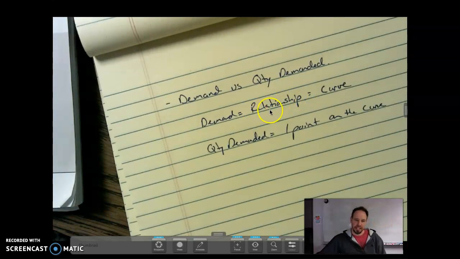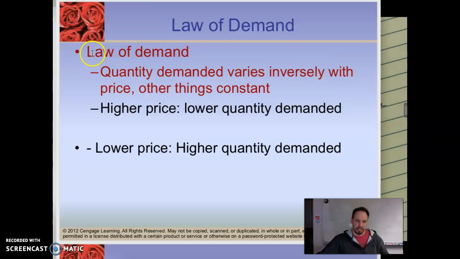So you think of demand as the overall relationship, how we as consumers are going to respond at all different price levels. The quantity demanded is just a single point on this curve, and it's reflected by this idea of the law of demand. This is that inverse relationship. It's called the law of demand for a reason. It always holds true.